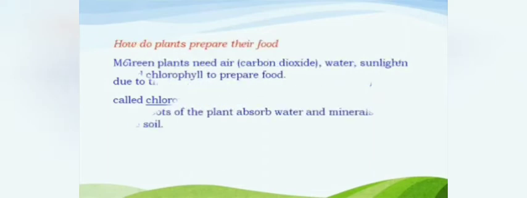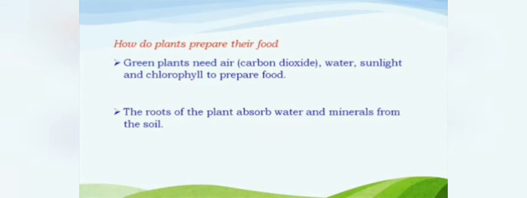Now let us see how do plants prepare their food. Green plants need air, water, sunlight and chlorophyll to prepare food. The roots of the plant absorb water and minerals from the soil.